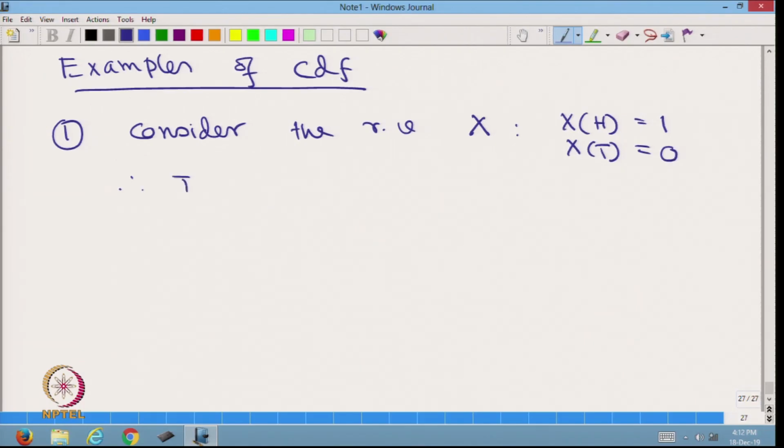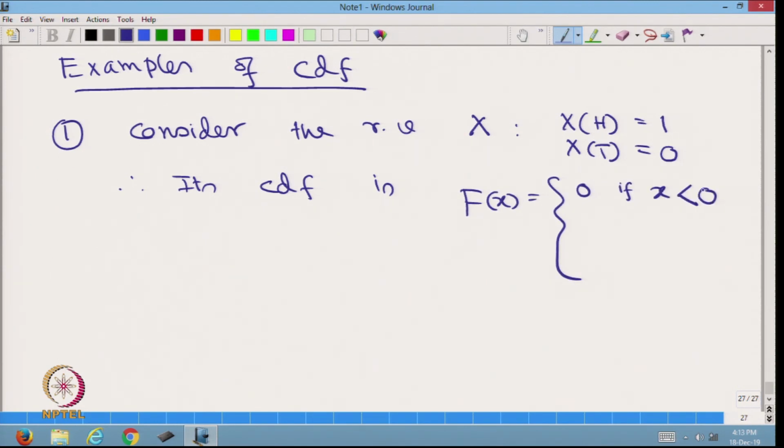Therefore, its CDF is f of x is equal to 0 if x is less than 0, equal to p if x is equal to 0, and it is 1 if x is greater than or equal to 1.